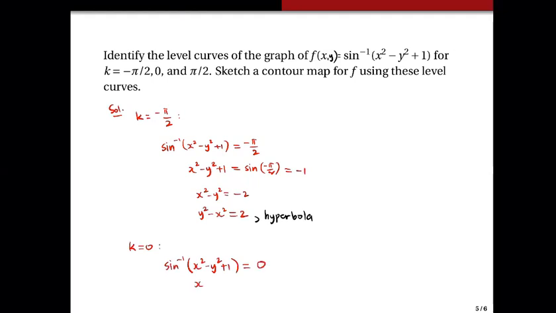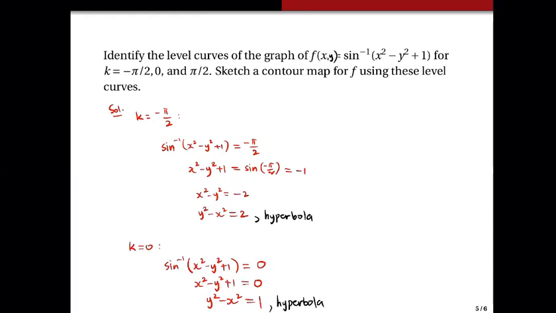So this means x squared minus y squared plus 1 equals 0. So this will give us y squared minus x squared equals 1. Again, this is a hyperbola. Okay? So another hyperbola here.